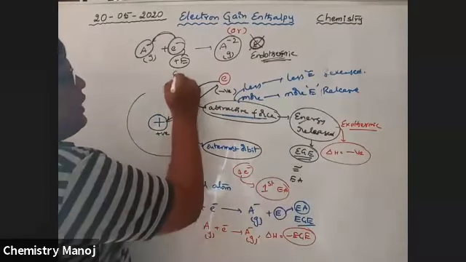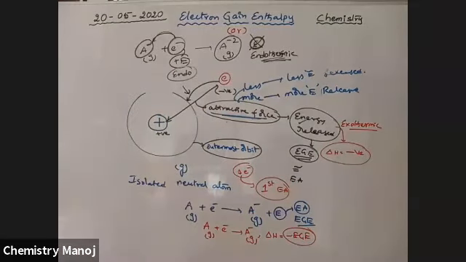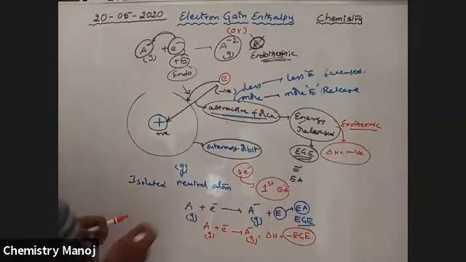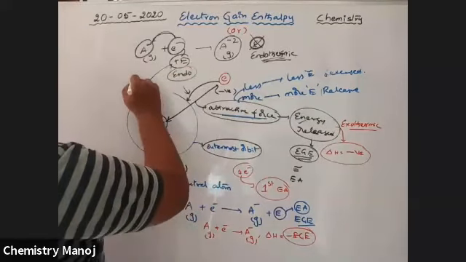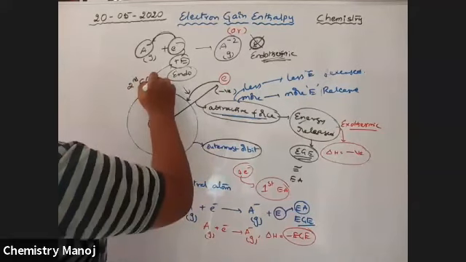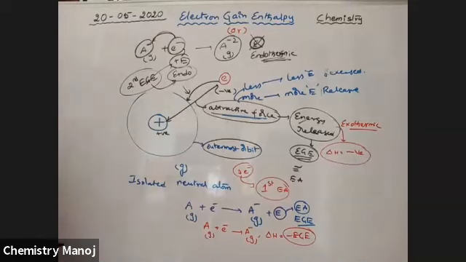It is an endothermic process, an energy absorbed process. This absorbed energy is called the second electron gain enthalpy.